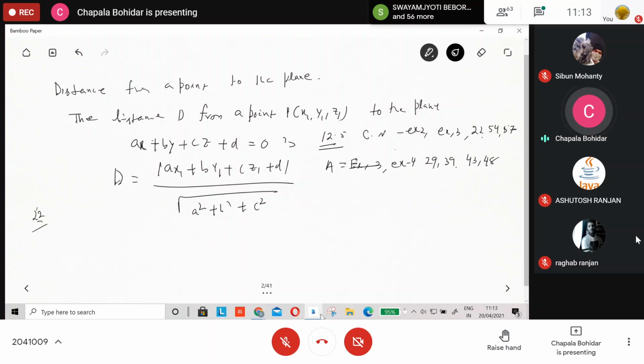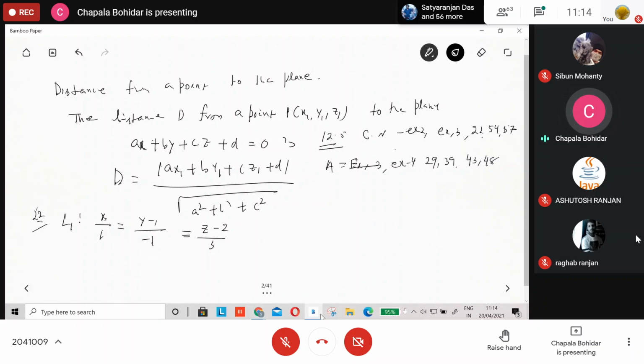If they intersect, find the point of intersection. L1 is x by 1 equal to y minus 1 by minus 1 equal to z minus 2 by 3.